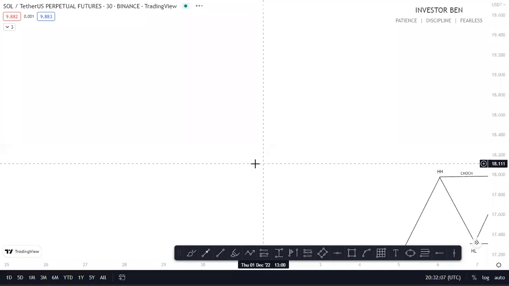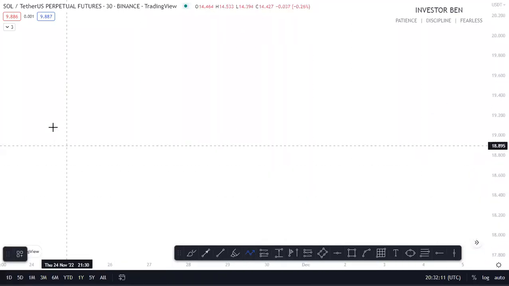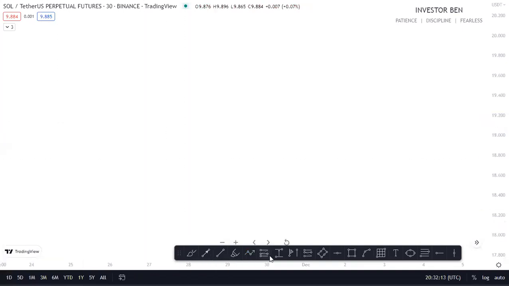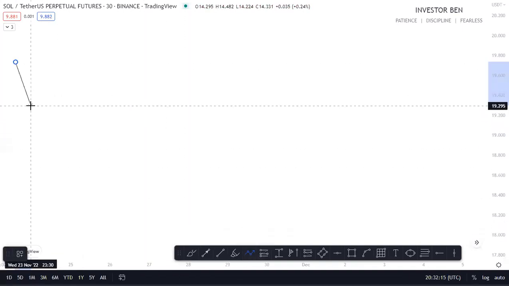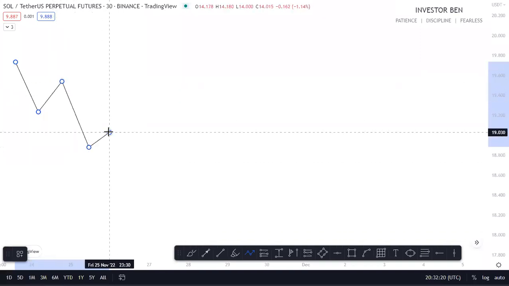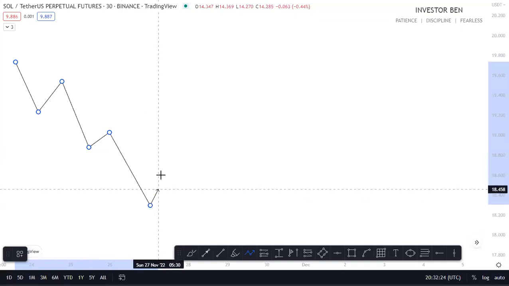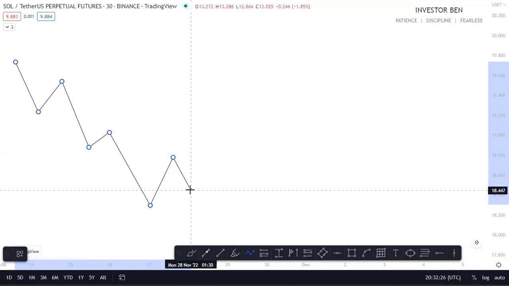Now let me do something more complex, because sometimes the chart is not always as sweet as I draw. You see things far more complicated than you would expect.